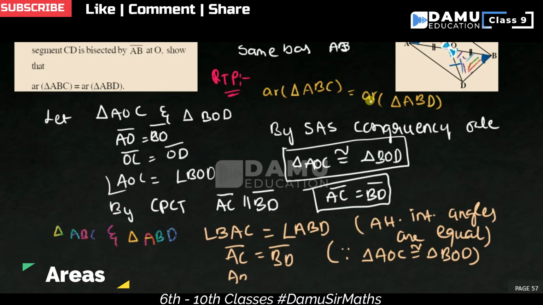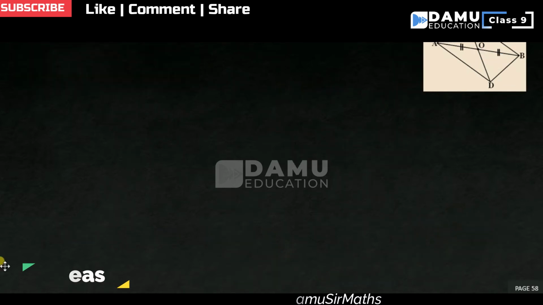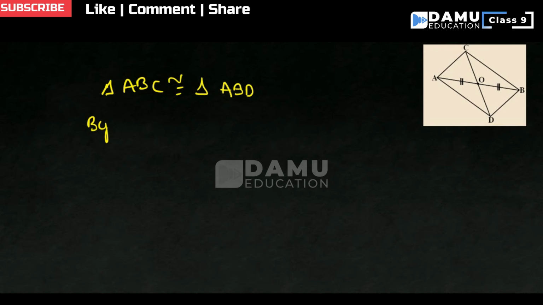Then triangle ABC is congruent to triangle ABD, by using SAS.